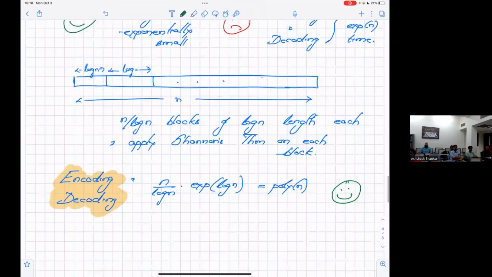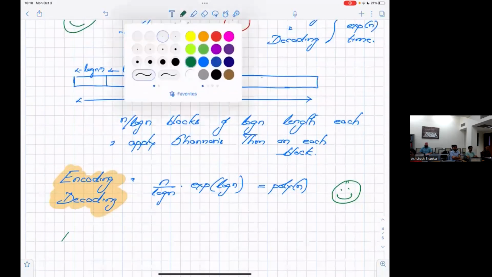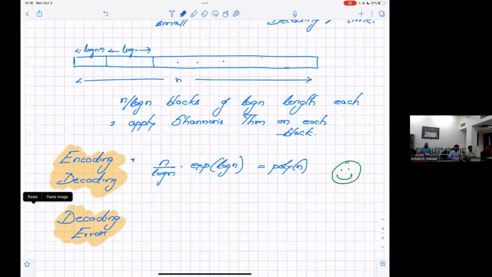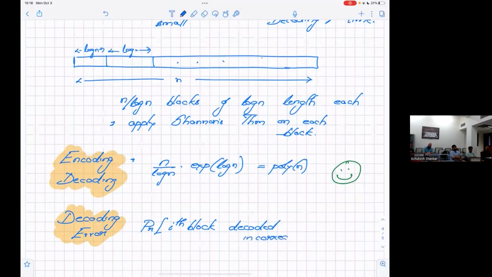Now let's ask the question about the decoding. Let's ask what's the decoding error of this code. Notice we haven't used concatenation or anything, but let's just find out what's the decoding error of this object. What is the probability that the ith block is decoded incorrectly? Notice this is exponential in its block length, so it's exponential in minus log n.